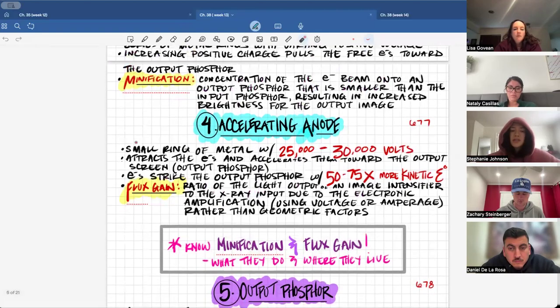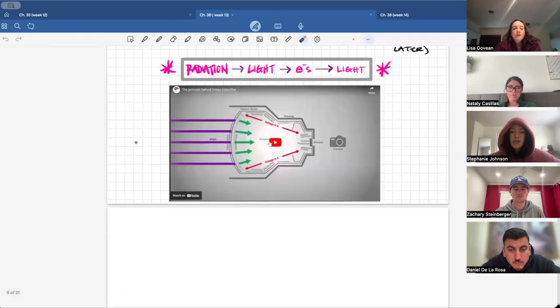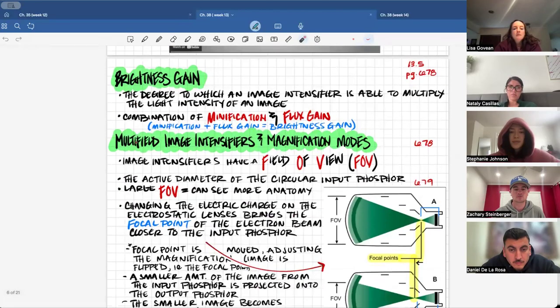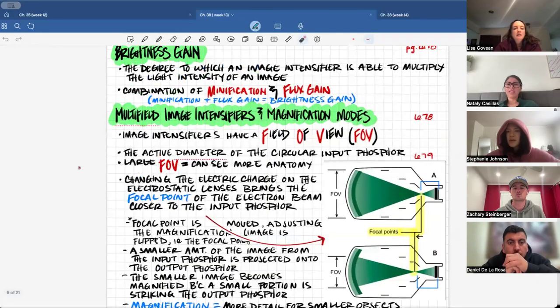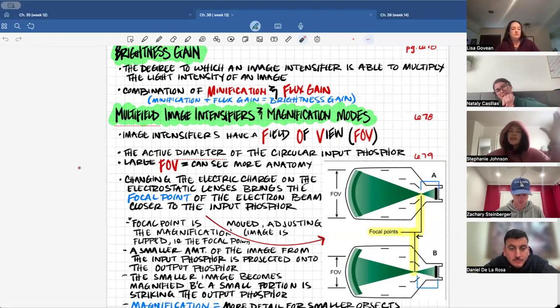Because if you scroll down, right there, the focal points, is that the same idea or is that completely different? I think it's connected. I think that the focal point is what the minification is focusing on to that point. So is it like the act of minification is happening at the focal point? Like, I don't know.